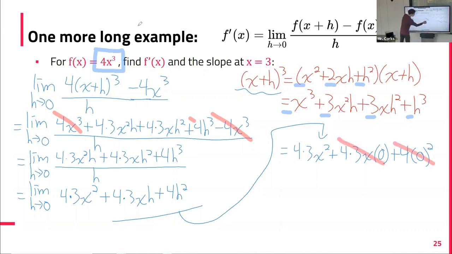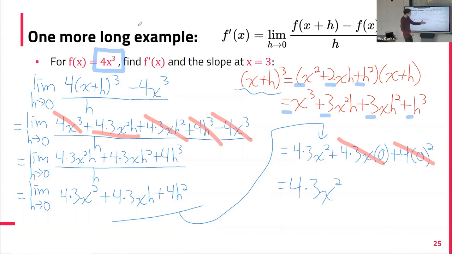So that was the 4h cubed, and the other one was the 4 times 3x h squared. So look at what's left. Only the second term stayed. Everything else got canceled out and eliminated. So just that second term stayed. So that's our answer here. 4 times 3x squared.